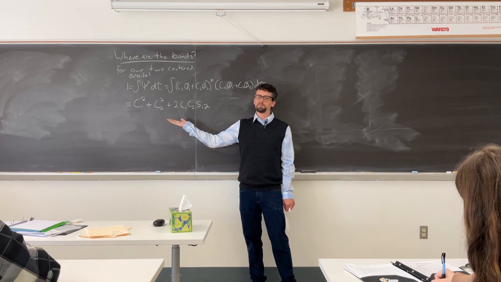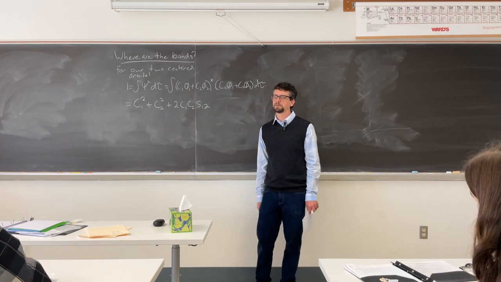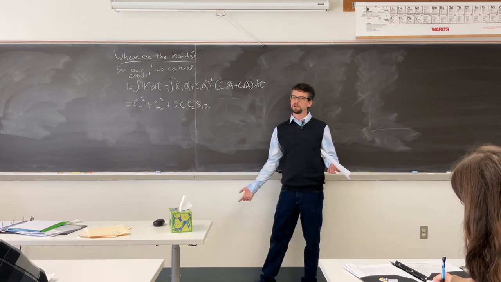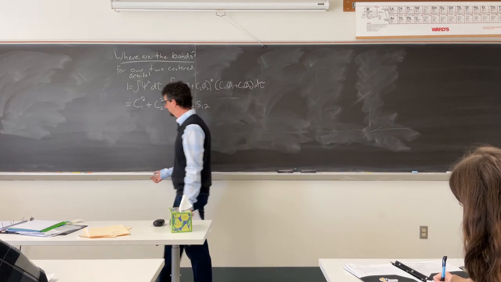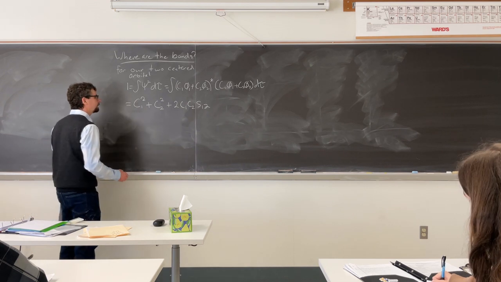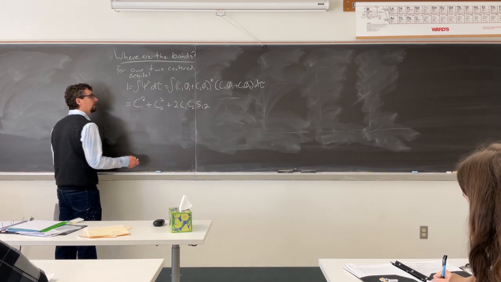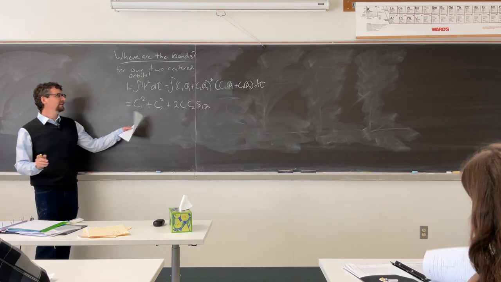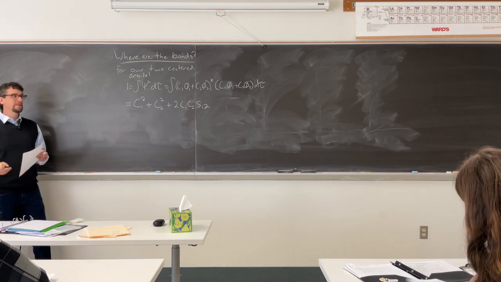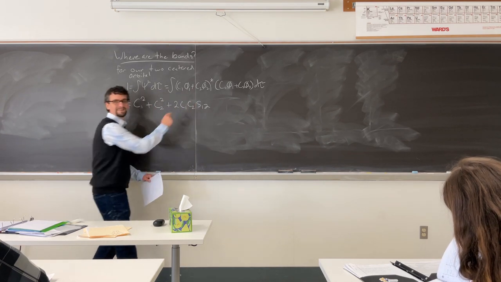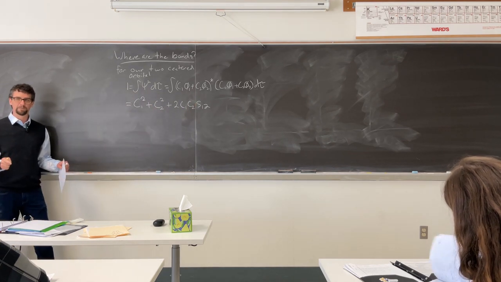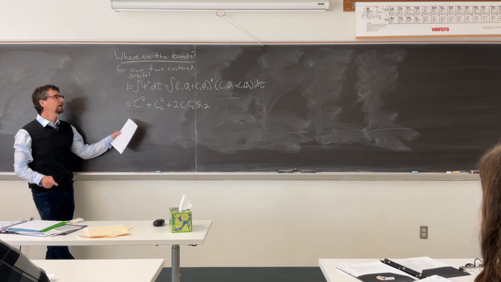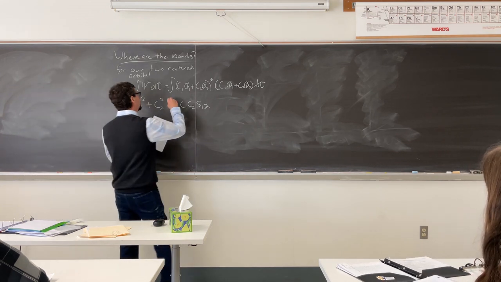Where in here is there bonding information, or information about the interaction between basis function 1 and 2? That would be here in the final part. Yeah, this bit here.